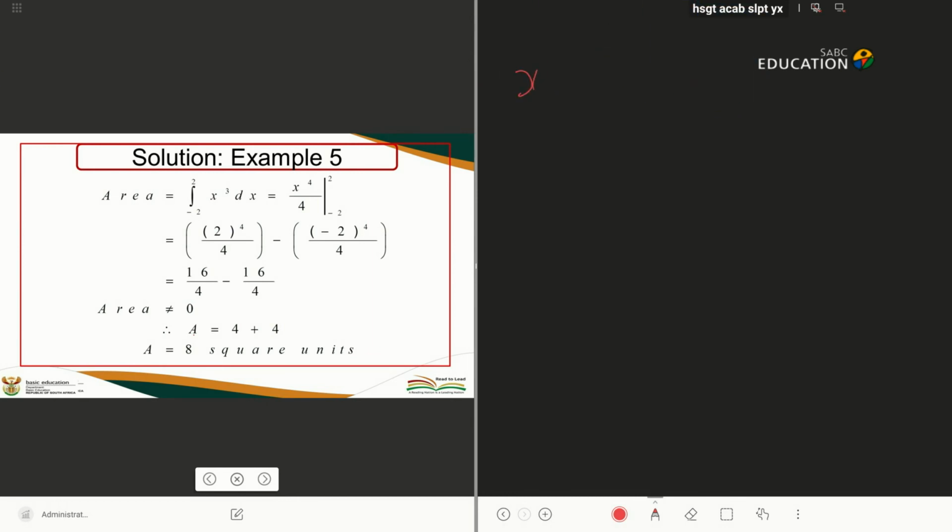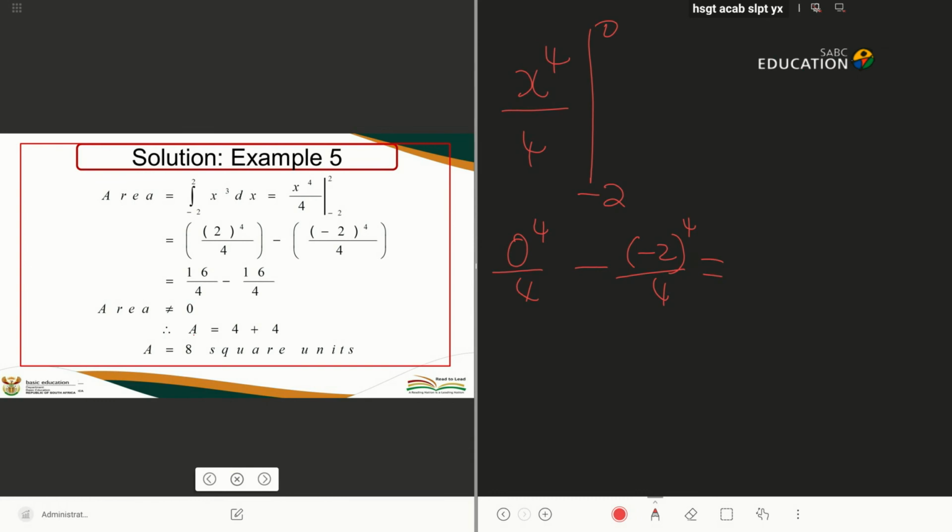This is x to the exponent of 4 over 4 to be evaluated from negative 2 to 0 as our first part. Then this will mean 0 to the exponent of 4 over 4 minus negative 2 to the exponent of 4 over 4.